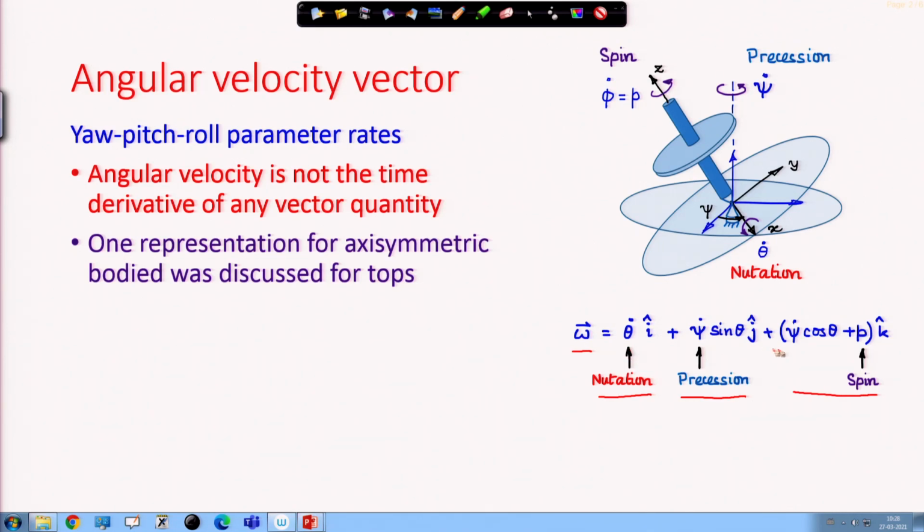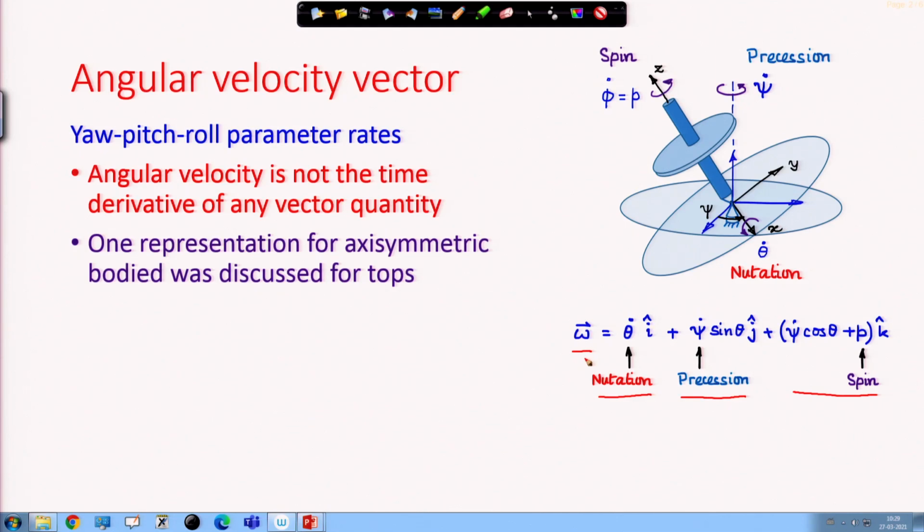Of course, only theta is present here, and the spin angle does not contribute, because we assumed the spin was constant and the body is axisymmetric.